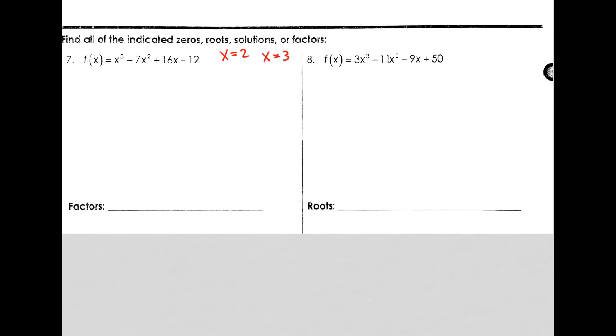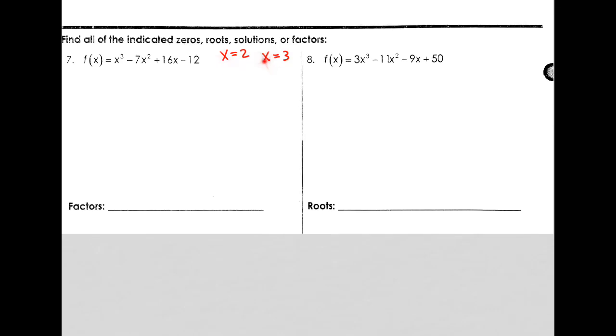And so to find our factors, we pretty much get 2 already because, remember, we can just put an x in front of this and change the sign, so it'd be x minus 2 and x minus 3. But we know there's going to be 3 factors because we have a degree of 3. And so we have to find one more factor.